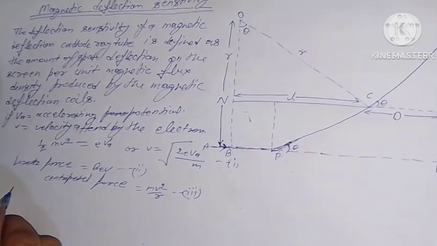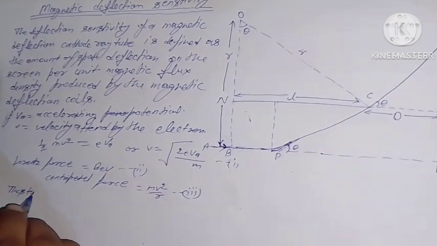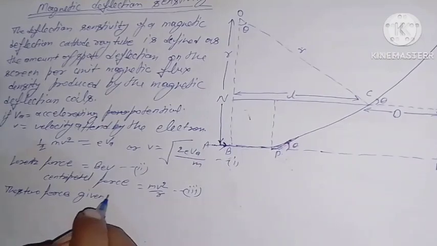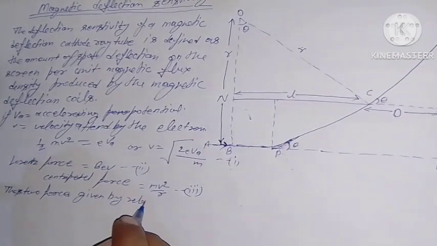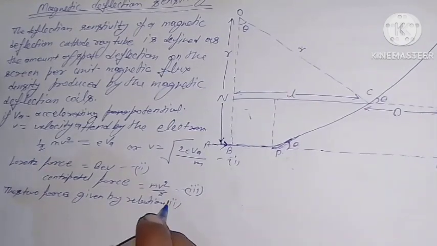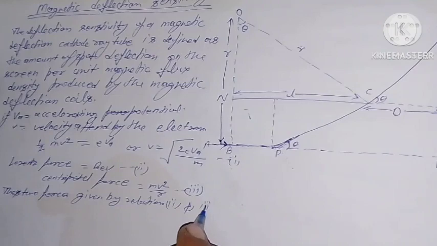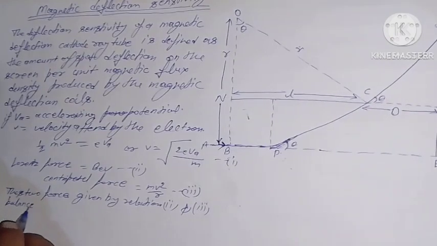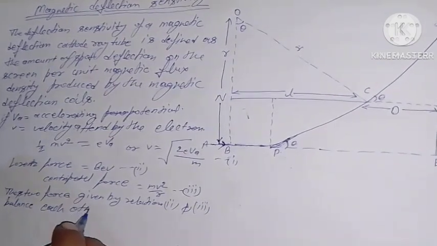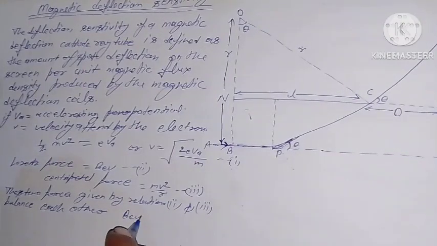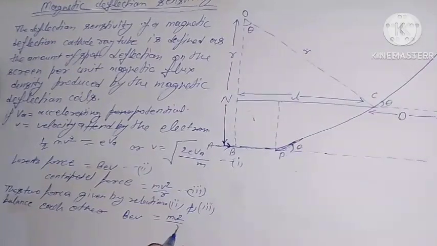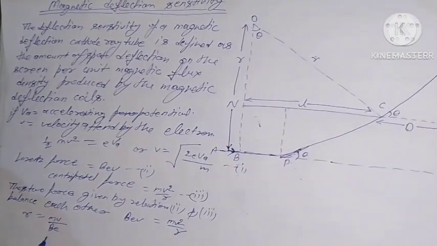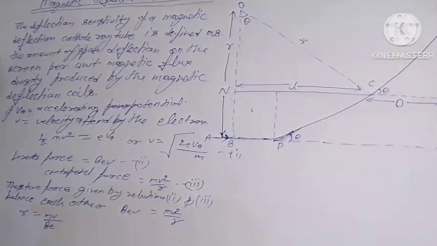So Bev equals mv square by r, then r equals mv by Be.